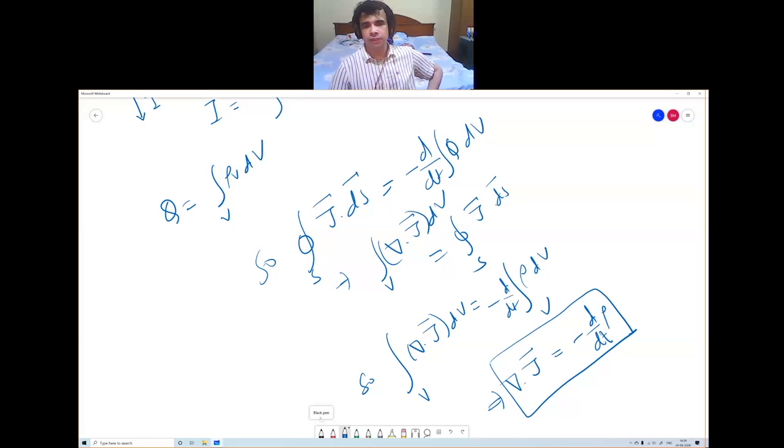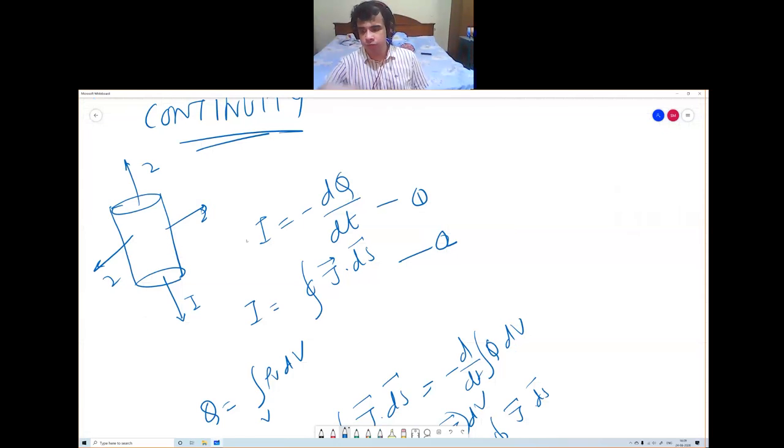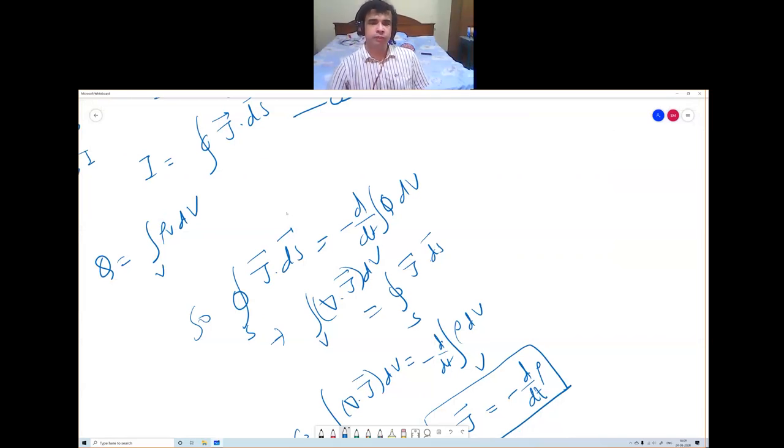Is it okay? We have just replaced this. We started here with I equal to minus dq/dt, but I is equal to the closed integral of J dS, had we assumed that it is through only one surface. Now Q, the total charge, equals the volume density integrated over the volume.